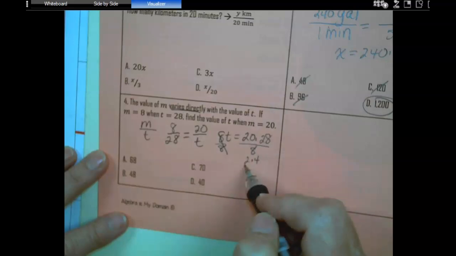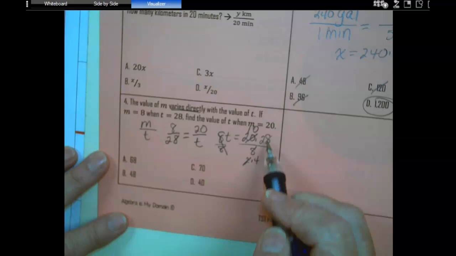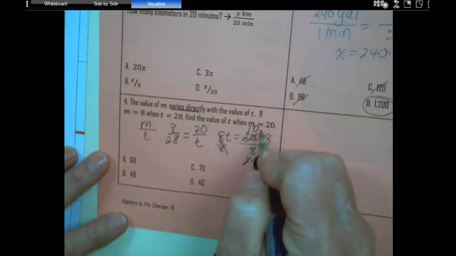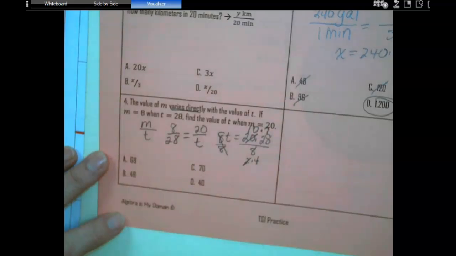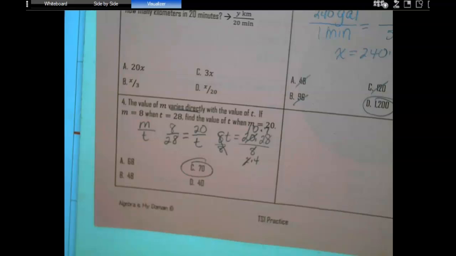So what's 20 divided by 2? 10. 28 divided by 4 is 7. 10 times 7 gives you 70. Any questions so far? Okay, so now the last one that I left for the last is number 2.